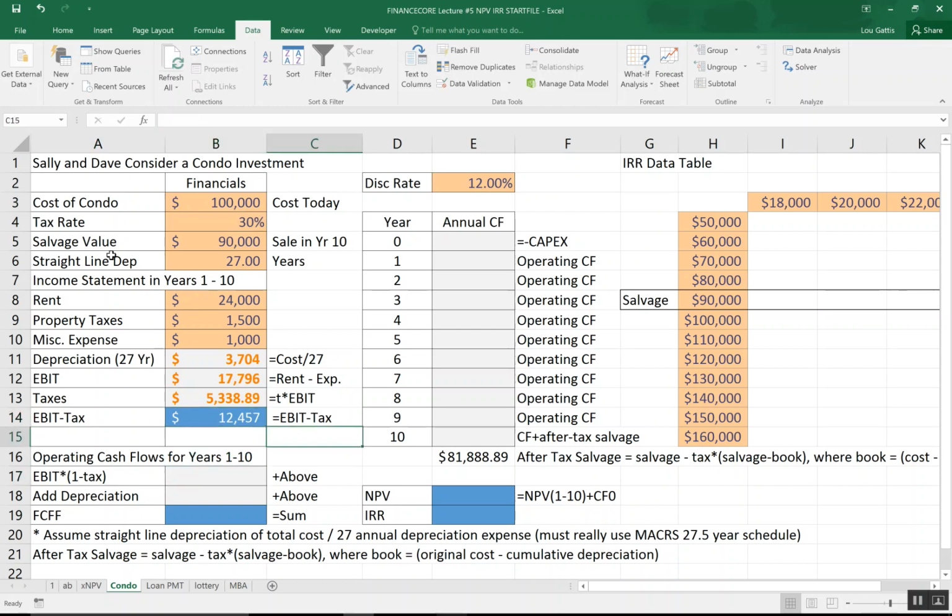All right, now let's get to the annual cash flows. We know the first cash flow is we're going to spend $100,000 today. But what's the cash flow a year from now? The after-tax free cash flow in 1 year, we're going to assume, holds the same for all 10 years. So we're going to take our EBIT times 1 minus the tax rate, 12,457.